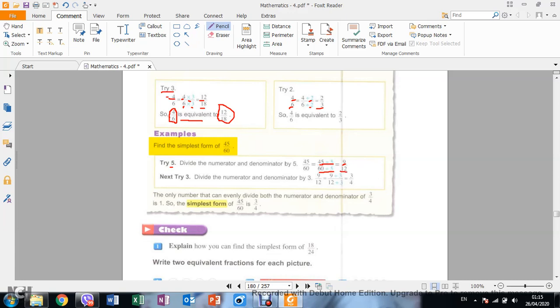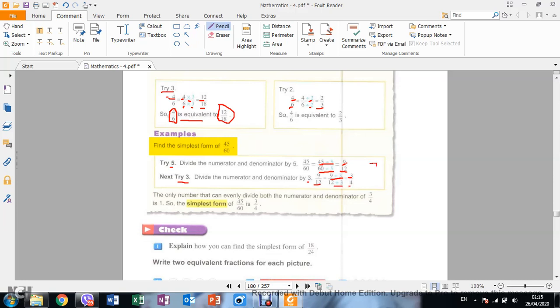9/12. Okay? Can we simplify this one? Yes. Again we can divide both numbers by 3. Divide the numerator and denominator by 3. 9 divided by 3 is 3, and 12 divided by 3 is 4.